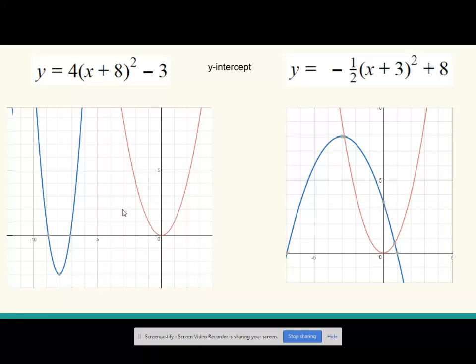You could find the y-intercept here too. Not going to show up on the graph, obviously, but 0 plus 8 is 8, squared is 64, times 4 is going to be, what, 256, minus 3 is 253, and so that's going to be way up there somewhere. But the y-intercept can still be found in the same way we were finding it before.